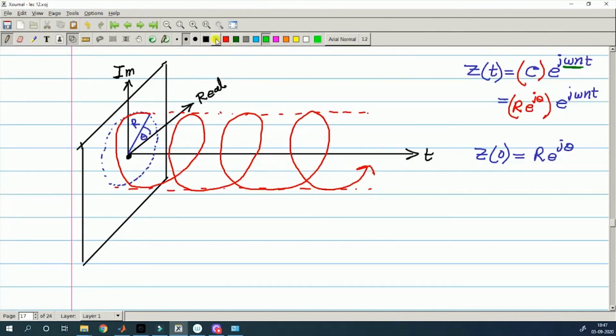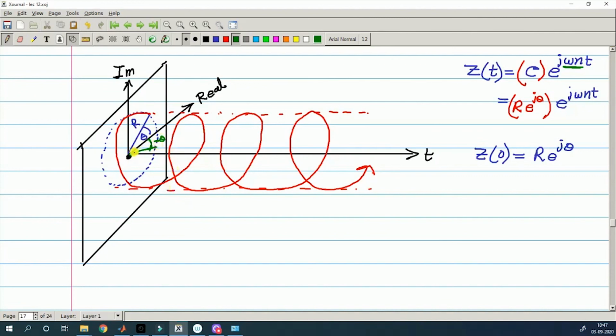That means they will start from a symmetric position like this, theta and minus theta.